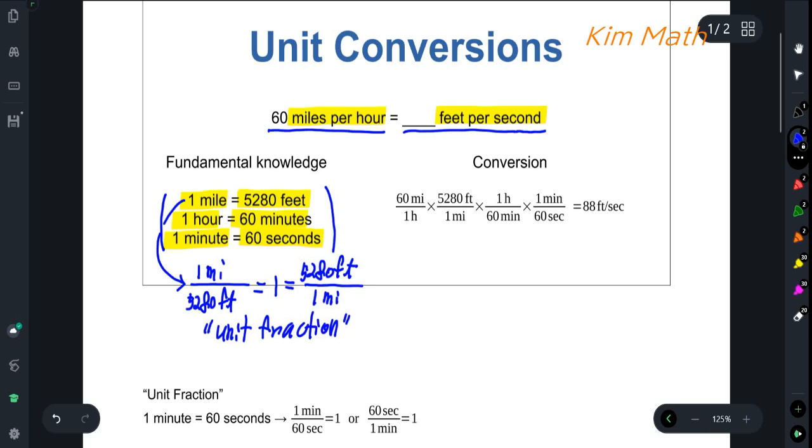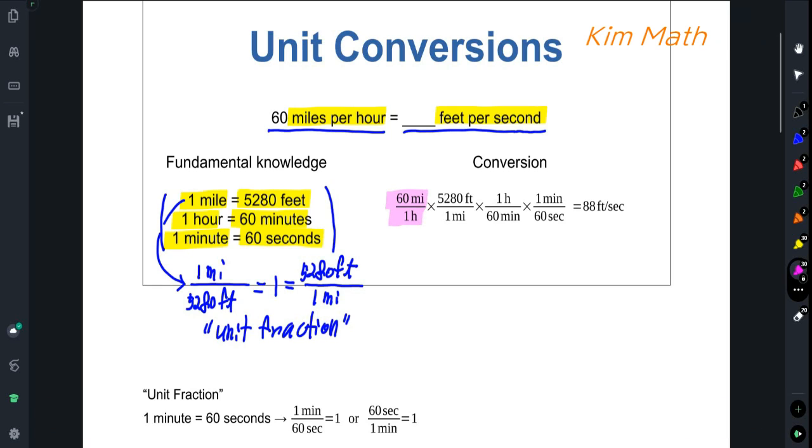And since this value is 1, we can multiply this unit fraction to any other number without changing the original value, right? So here, I copy 60 miles per hour. Here, 60 miles over 1 hour. And I multiply 3 unit fractions.